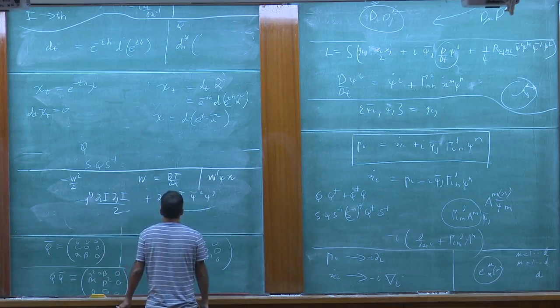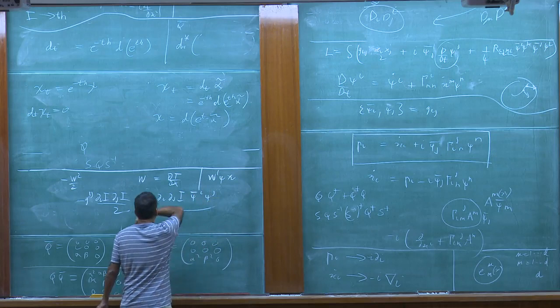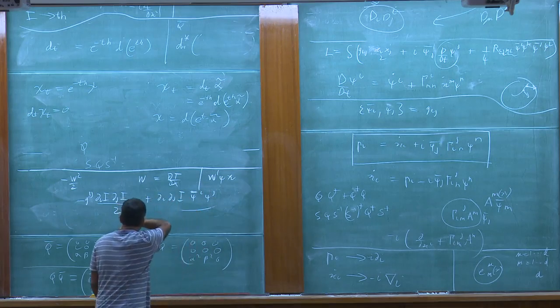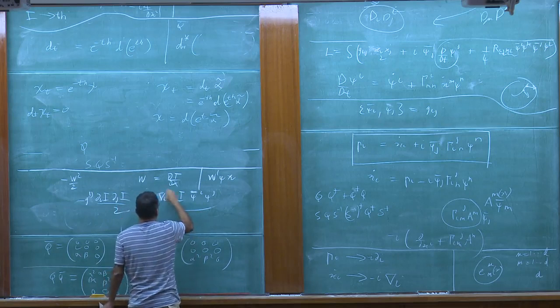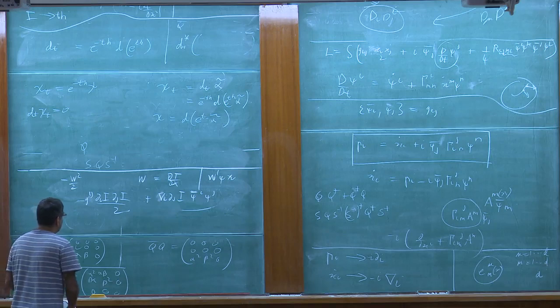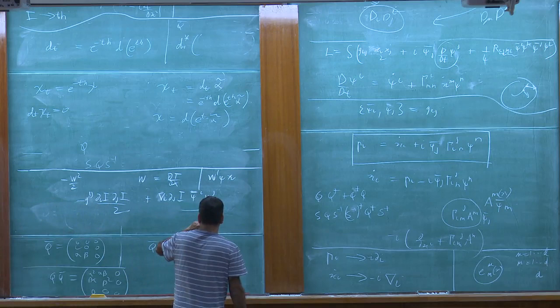Right. This is neither symmetric nor anti-symmetric. One is psi bar, one is psi. Let's see. And this, as you say, is one of these will be a covariant derivative. Maybe we will need to symmetrize.